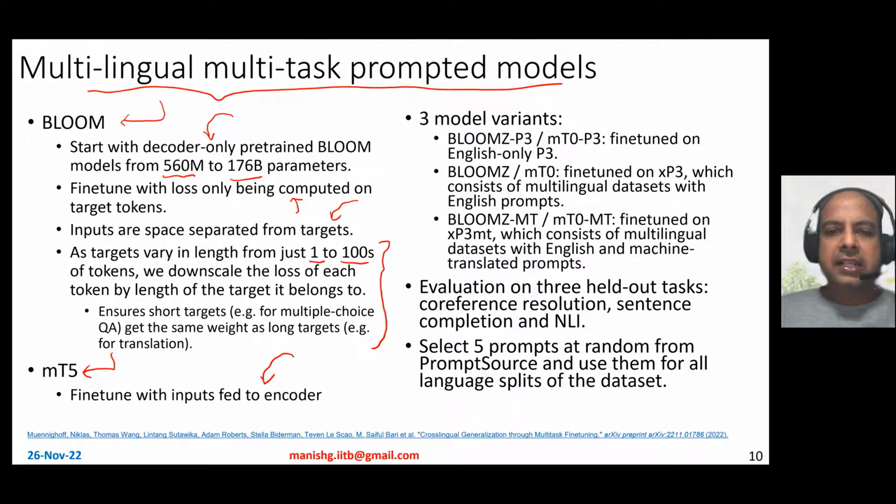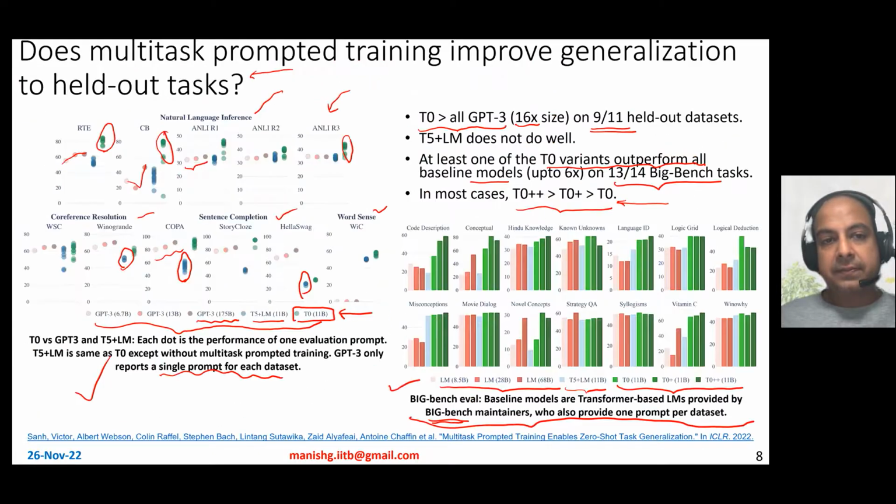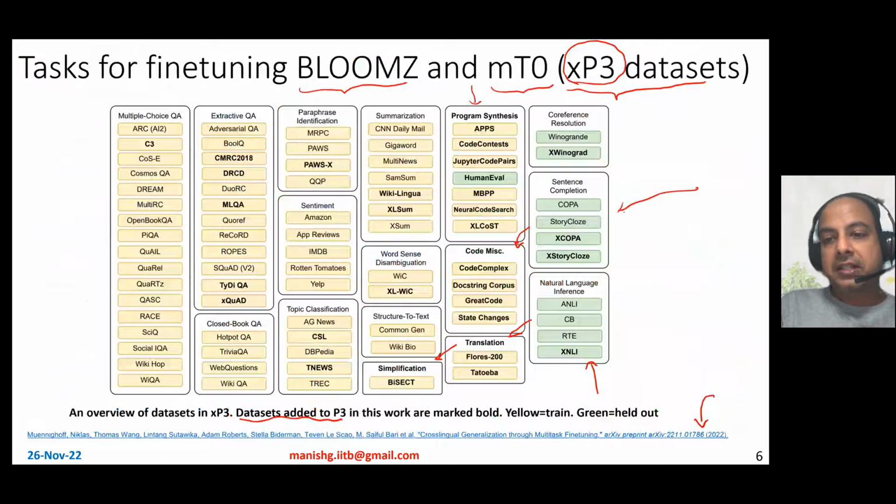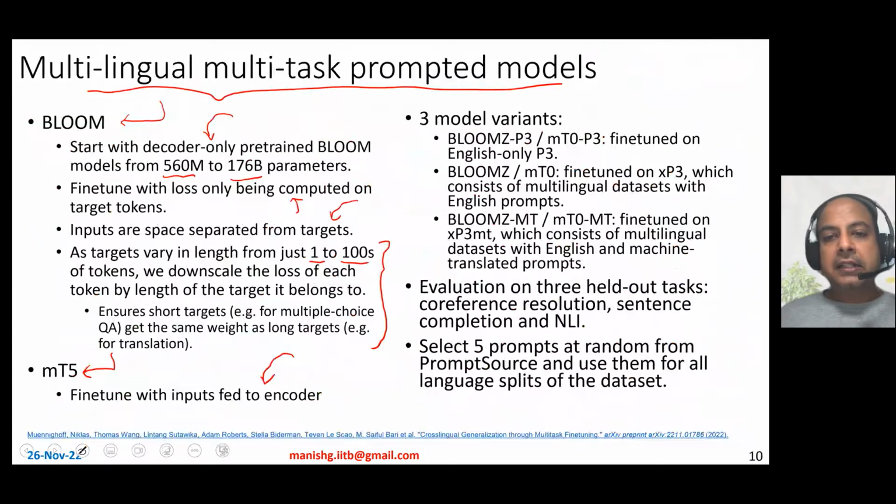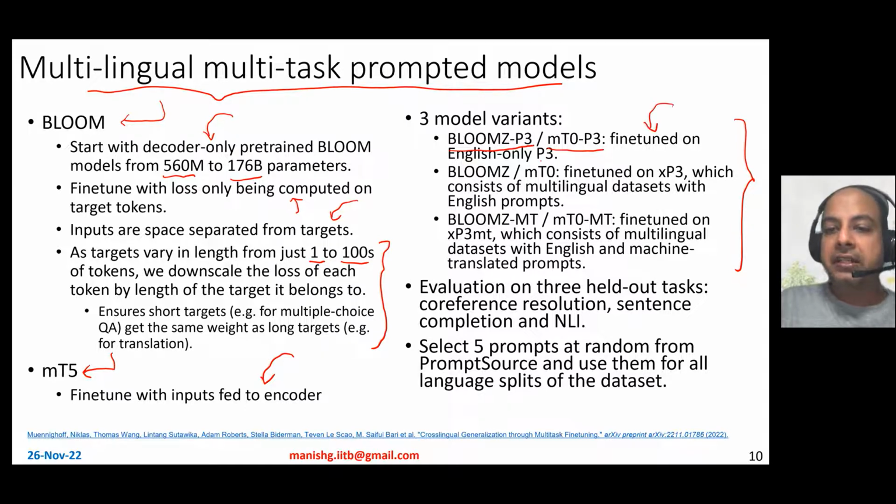Now, based on all of these, and based on the tasks and data sets that we discussed in the XP3 part, three different variants were trained. Multilinguality brings in different notions in which you can use the multilinguality aspect. So BLOOMZ P3 and MT0 P3 are models that have been fine-tuned on English only data, the P3 data only.